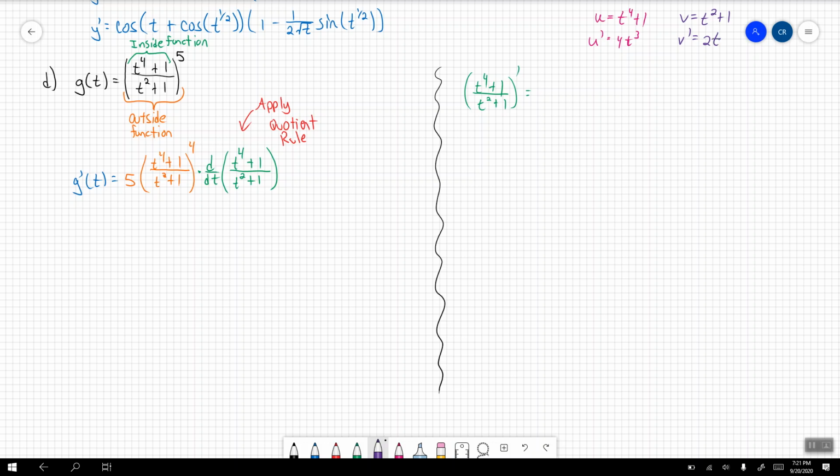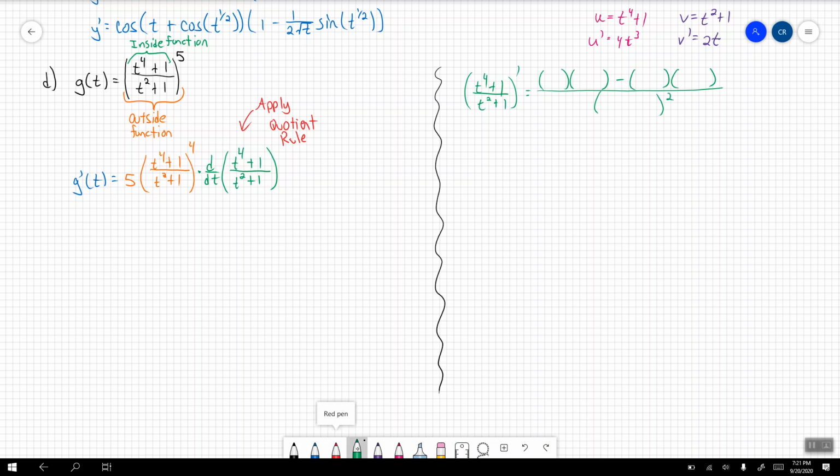There we are. And so when I take this derivative, I need to apply the quotient rule. Quotient rule says we take the derivative of the top function, multiply it by the bottom function, and I'll keep outlining this in just a bit.